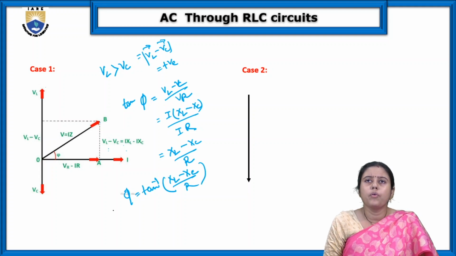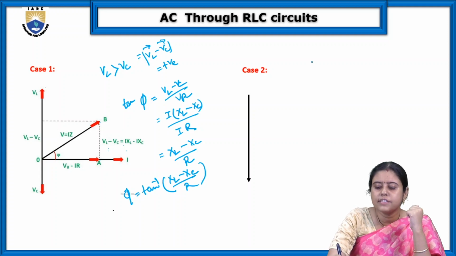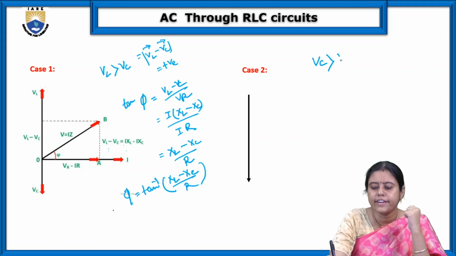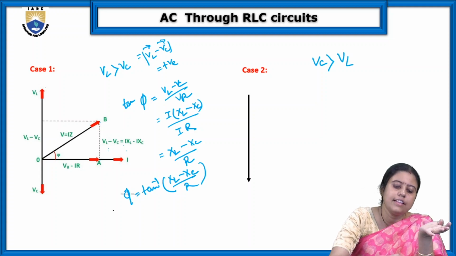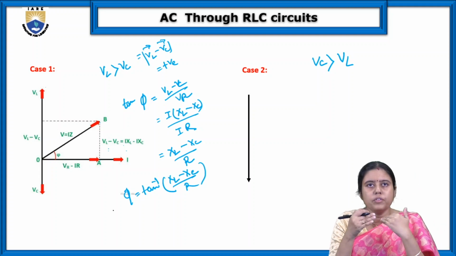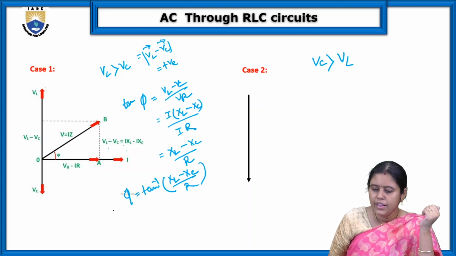Now we go for the second case, when VC is greater than VL. As these are 180 degrees opposite, now VC minus VL is greater, so this angle will change.